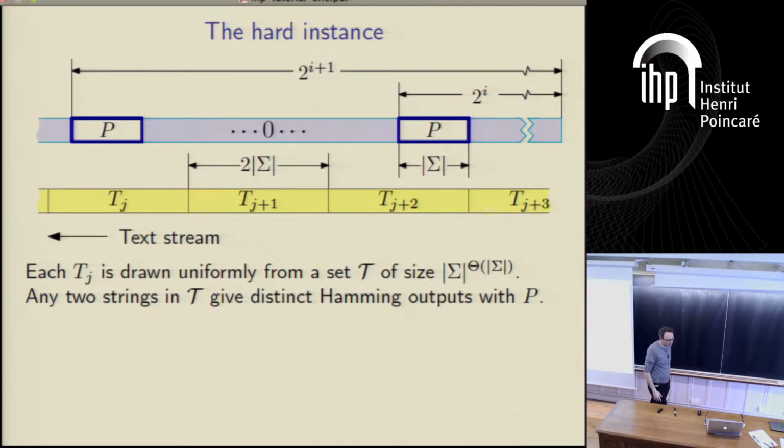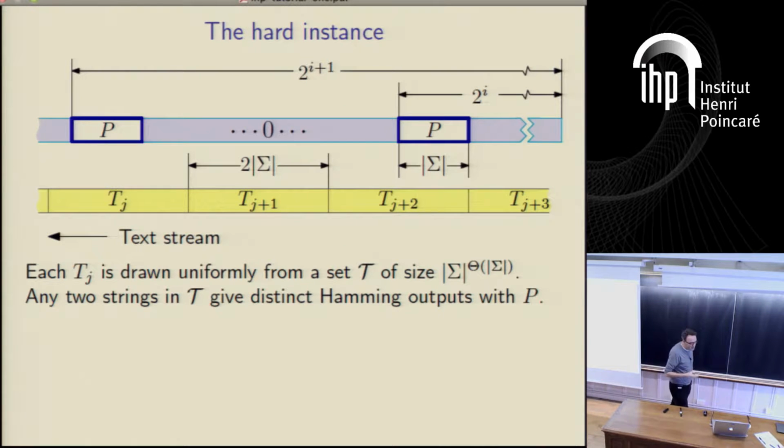and because the problem is just having lots of different outputs is not quite good enough, because there's a theta here. The entropy could still be low, unfortunately. So we need to sample these things from a subset of the possible strings of length 2 sigma, so that for any 2 strings, we get distinct outputs from P. So we need to take some sort of subsampling in order to make sure entropy is still high.